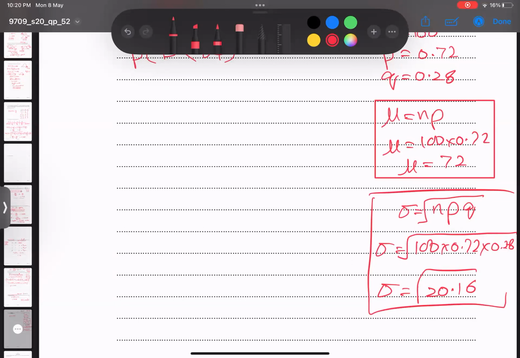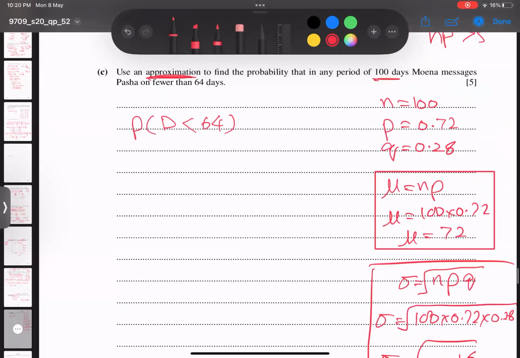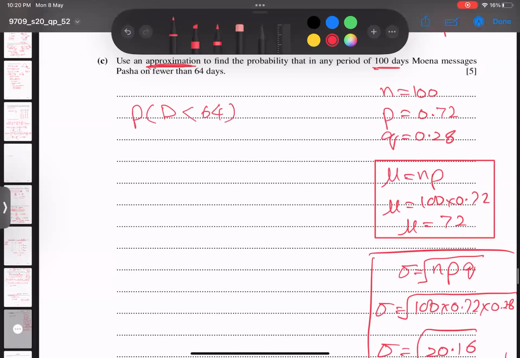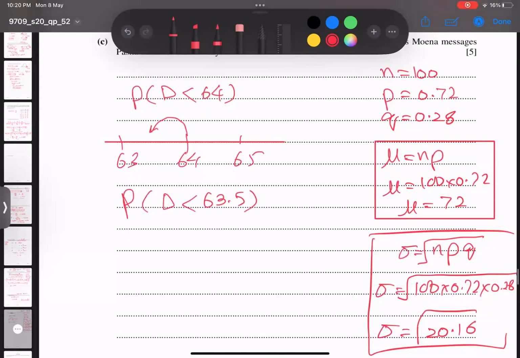Now, students, what is the technique? We go for continuity correction, and all of you are familiar. What is a continuity correction? If we draw a number line, 64 comes here, one number bigger, one number smaller. This is less than 64, so less means X is less than 63.5. And what is the rule?